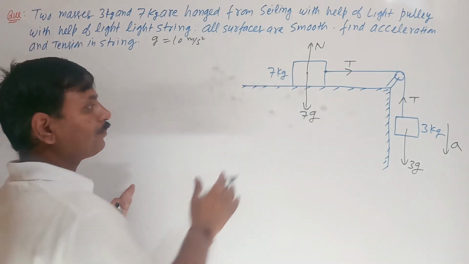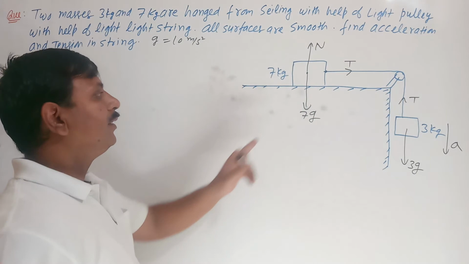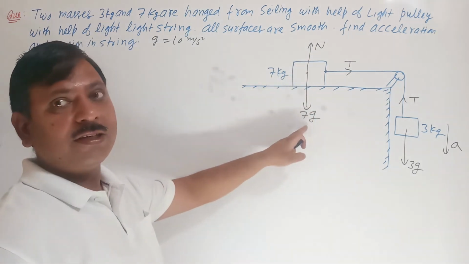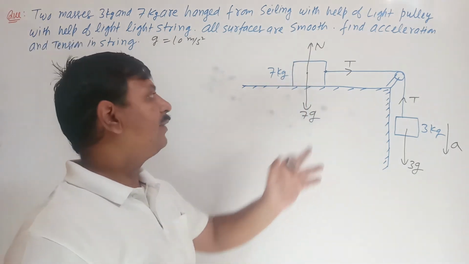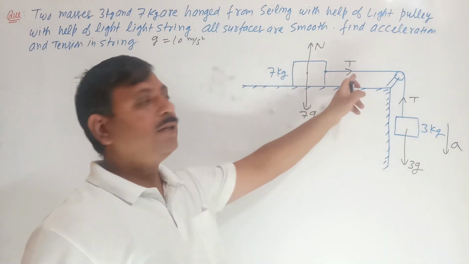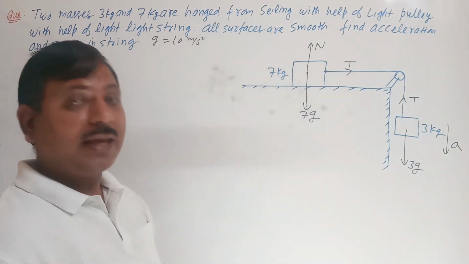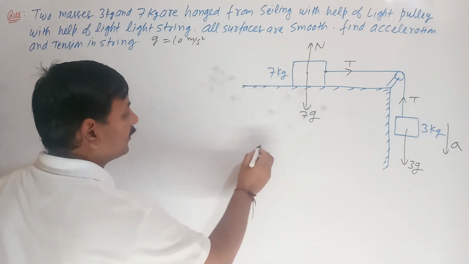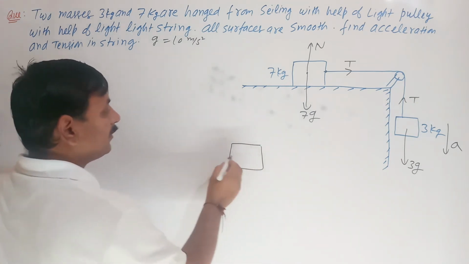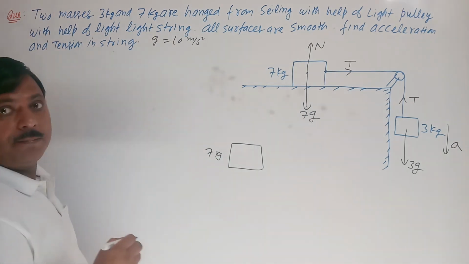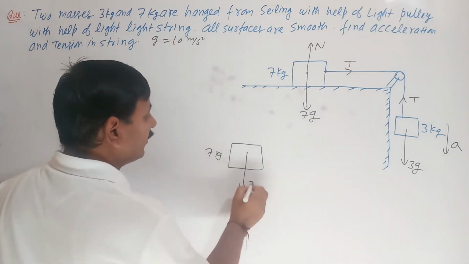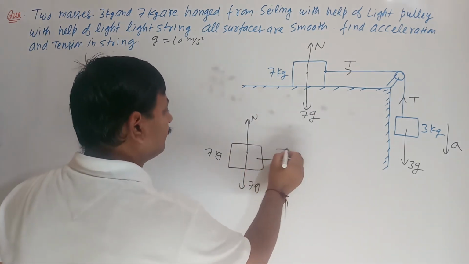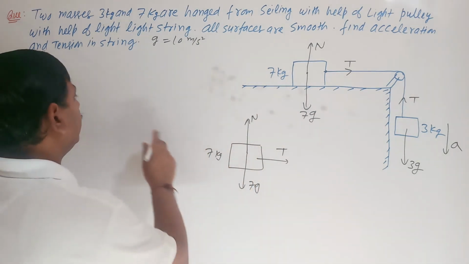So if we see here, there are two vertical forces, normal reaction and 7g, so they will balance each other. Only the horizontal force T will act as an unbalanced force. So in the free body diagram of this 7 kg, here 7g, here normal reaction, and one is tension.